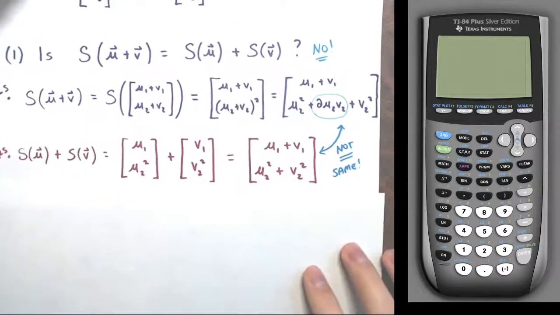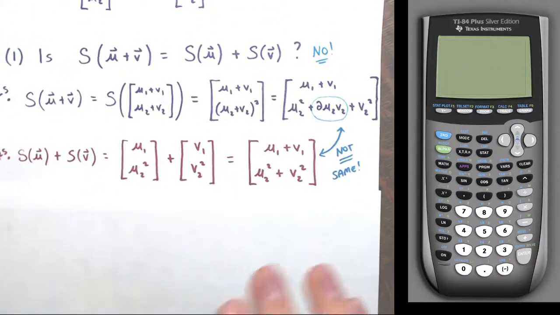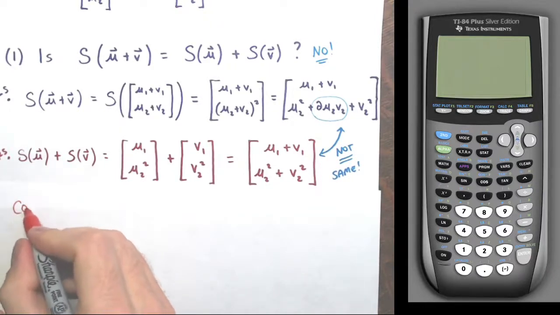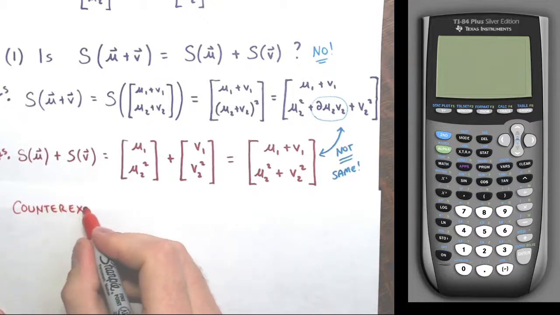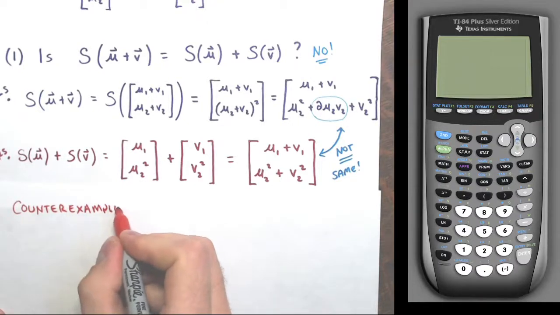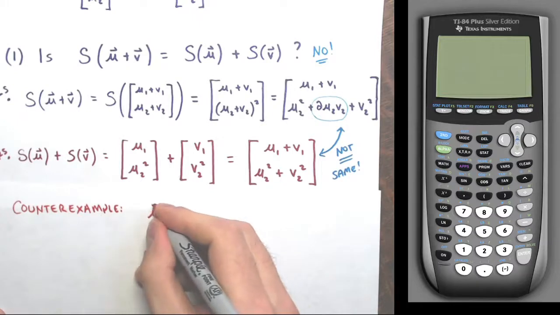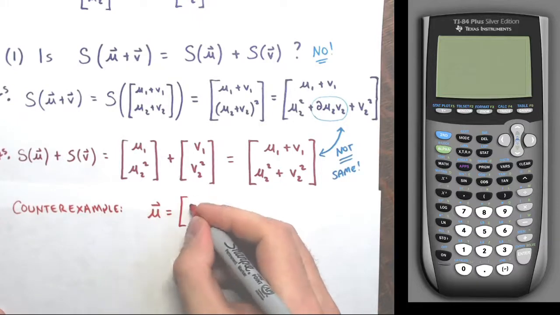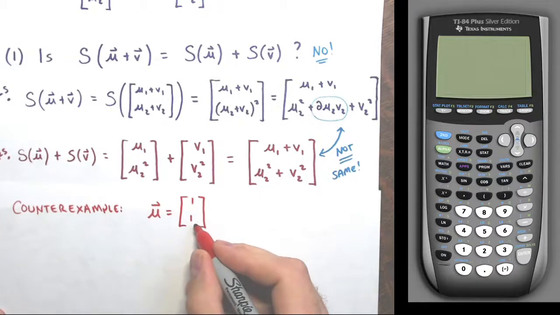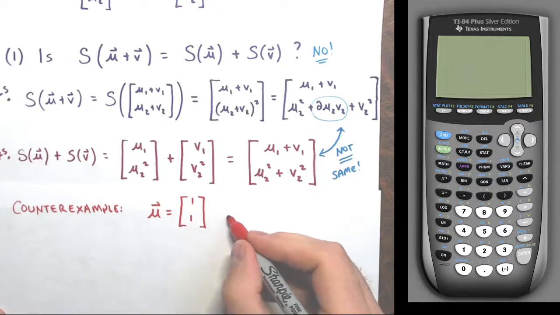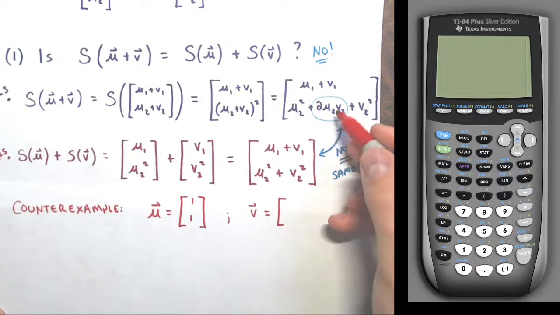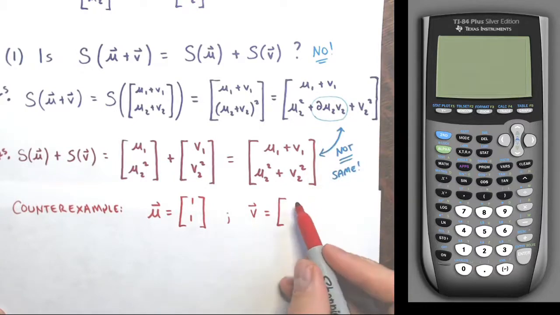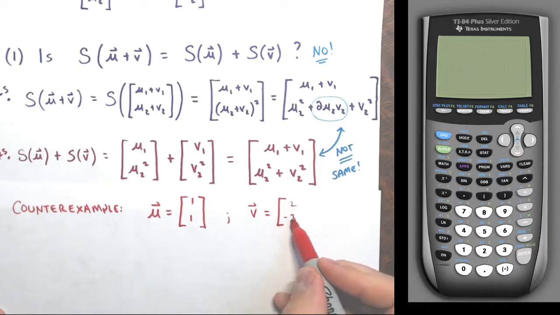All right, so here's a counter example to show that property 1 does not hold. So let's let u be the vector 1, 1. The second component is not 0. And vector v, I don't want the second component of this one to be 0 either, to show that this won't end up being the same. 2, -3, why not? Okay.